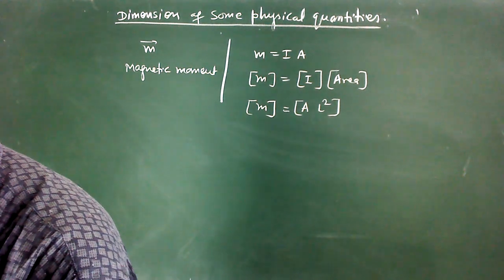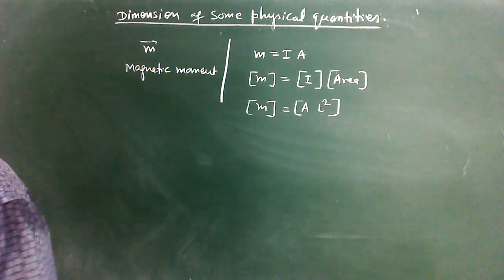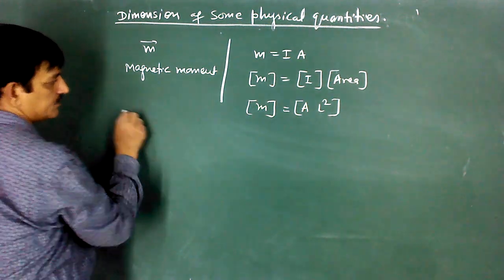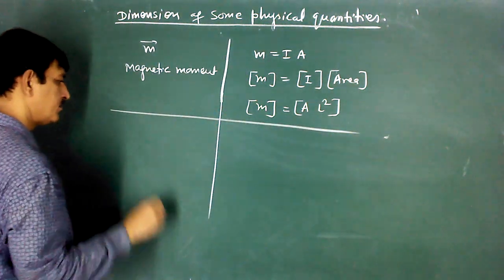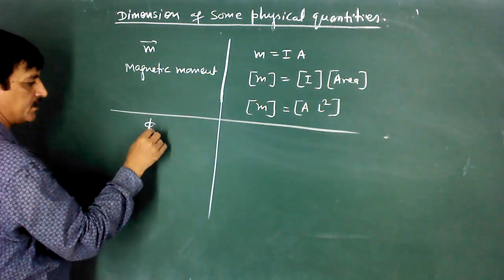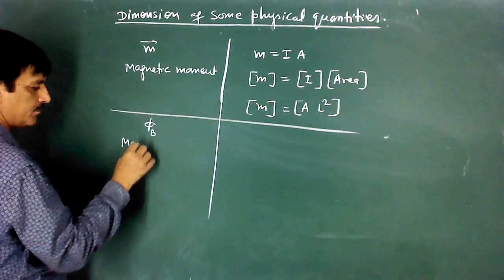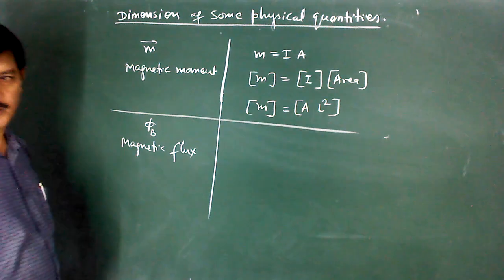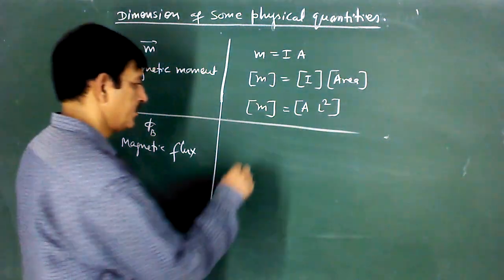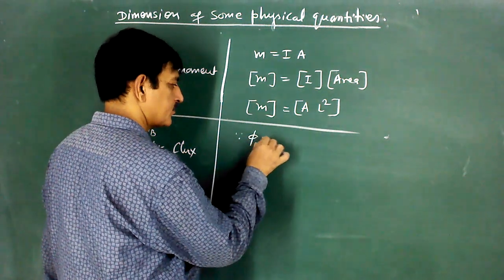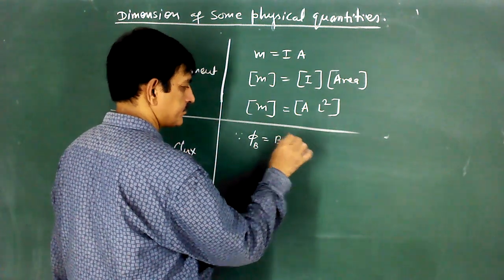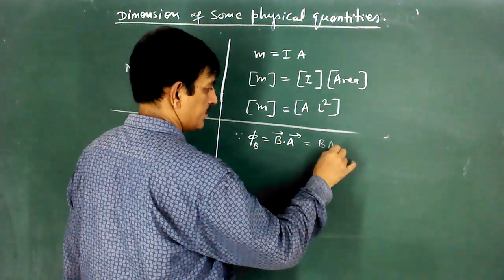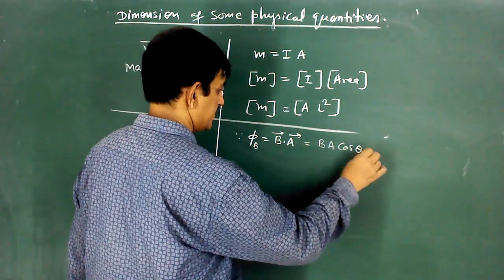Now we want to find the dimension of magnetic flux. Magnetic flux is phi B, and we know that magnetic flux is B dot A, which can also be written as B A cos theta.